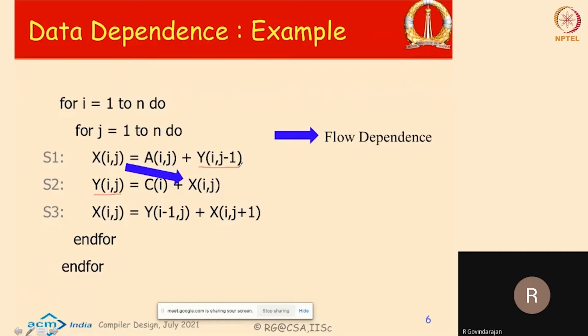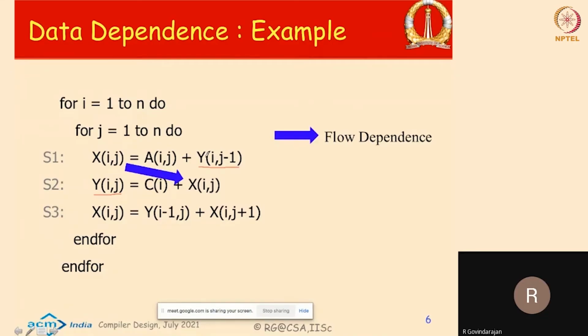In the ijth iteration, statement S2 is going to write array element y of ij, and in iteration i comma j plus 1, that same element is going to be accessed by statement S1, because when you substitute those values, you will see that it is going to access y of ij. So there is a true dependence from S2 to S1, and this dependence is across two different iterations: one is ij, the other one is i comma j plus 1.